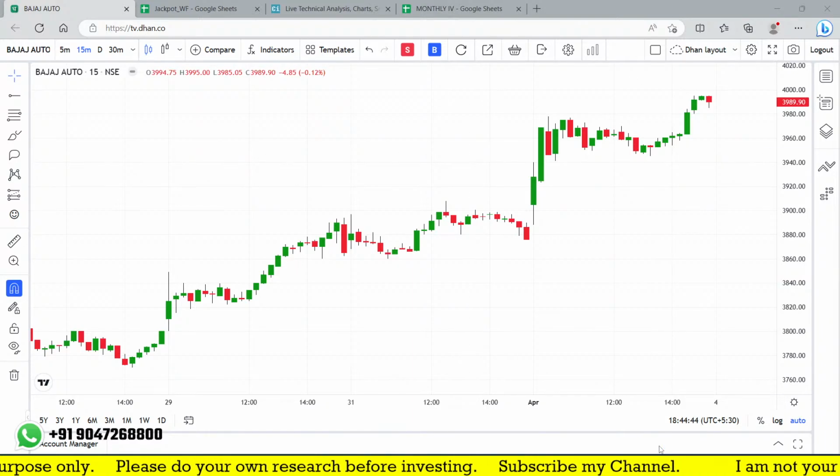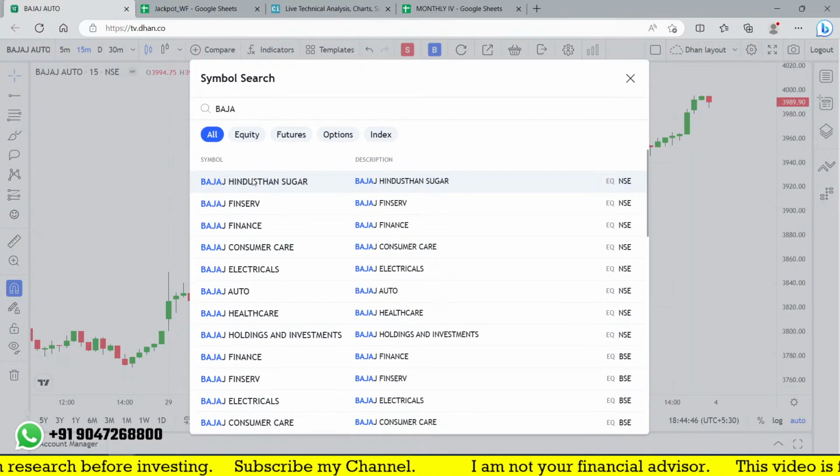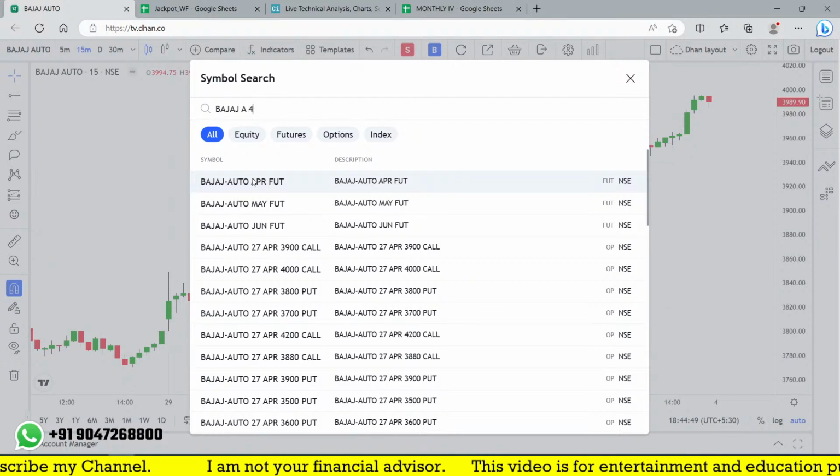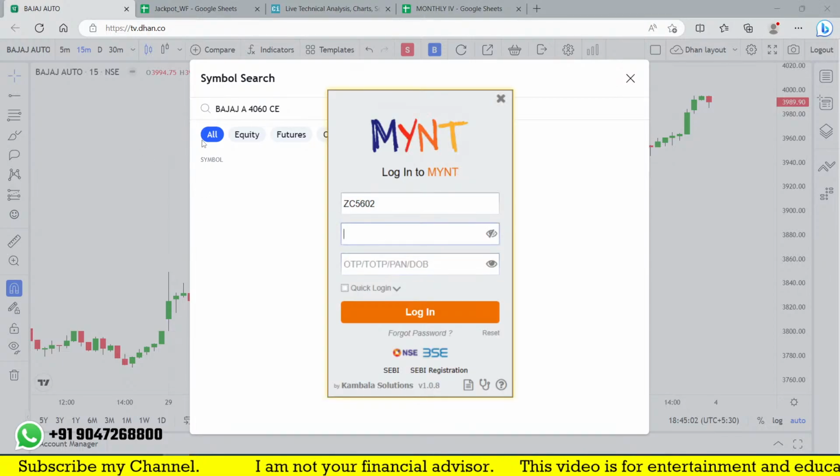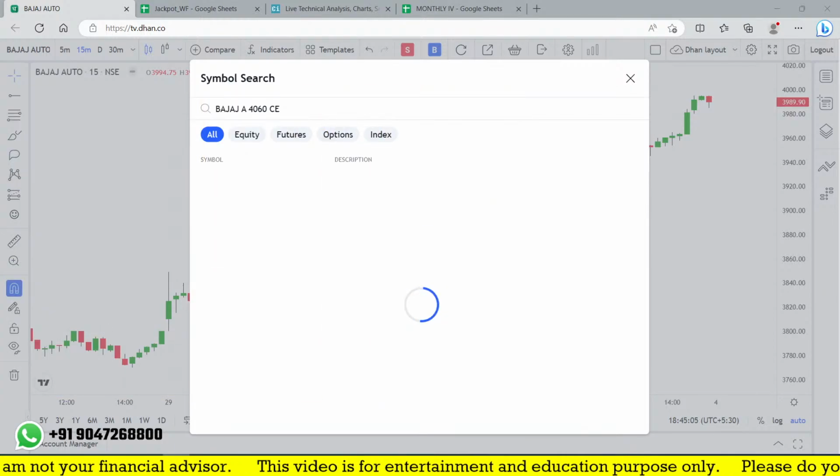Just wait, I will get that strike price. It's loading slow now. I need to check whether the strike price is quite liquid or not. So I am just going to find out with the terminal.